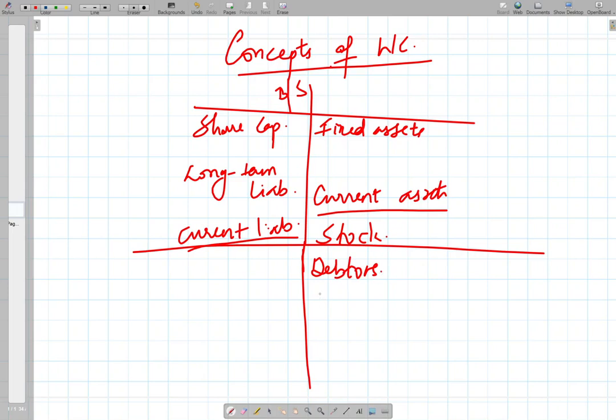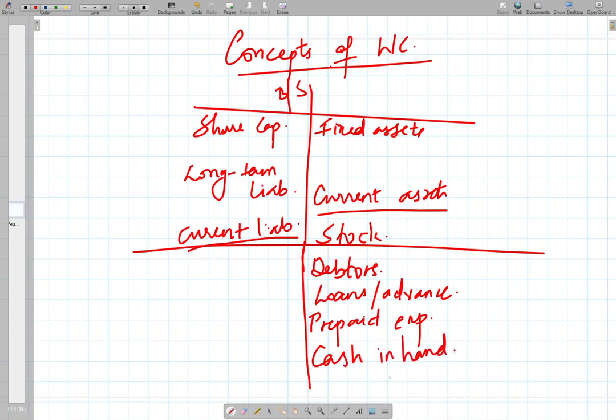Any short-term advances or loans that have been given by the business to somebody else. You will have prepaid expenses, prepaid electricity bills, wages, rent, salaries, anything that is prepaid or given in advance will come under your current assets. And of course, we have cash in hand and at bank, both types of cash. So all these form part of our current assets.